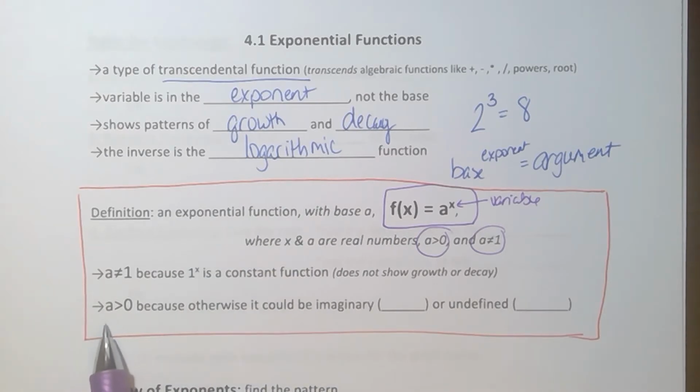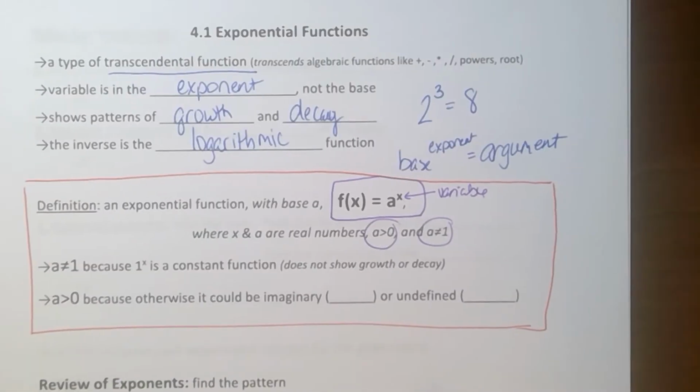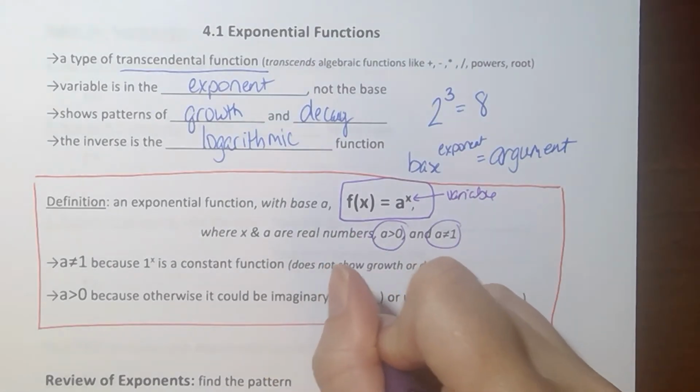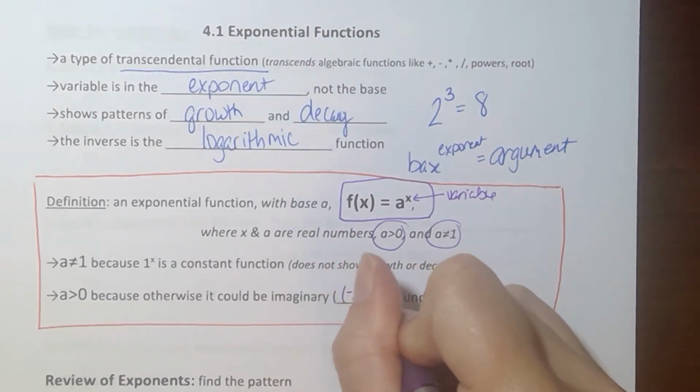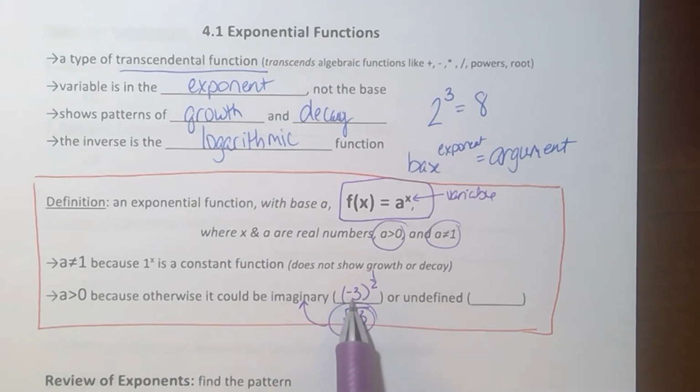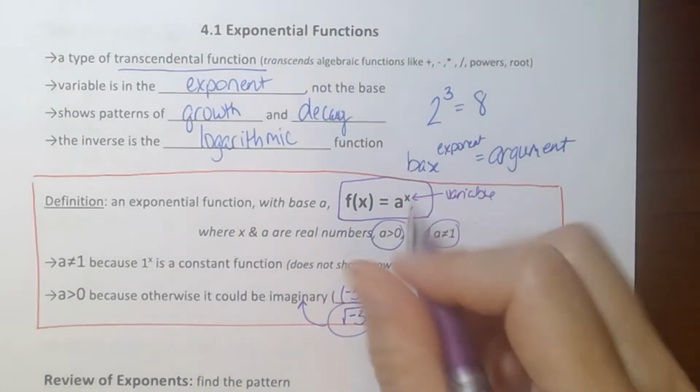A can't be negative and can't be 0. It has to be greater than 0, because otherwise it might end up being imaginary. For example, if I had negative 3 to the 1/2 power, that's the same thing as the square root of negative 3, and that's an imaginary number. So that base can't be negative, or it could also end up being undefined.